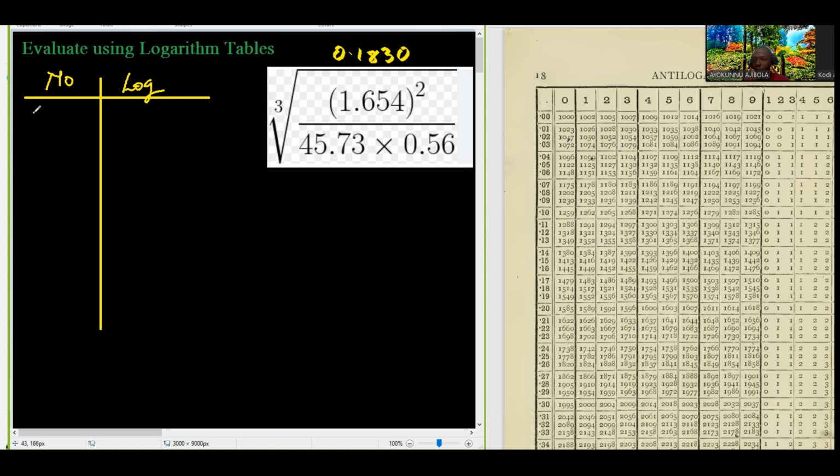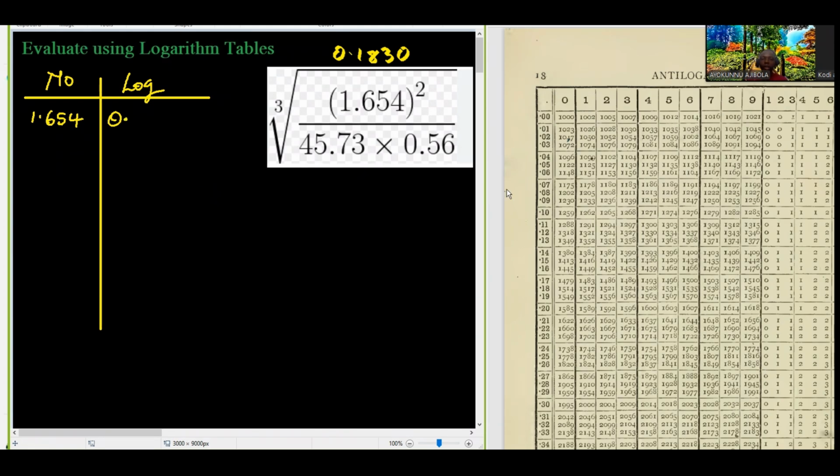So the first number is 1.654. Because this number is already in the format of standard form, like 1 point, first digit and a point, then we're not moving the point any step, so the characteristic is 0.